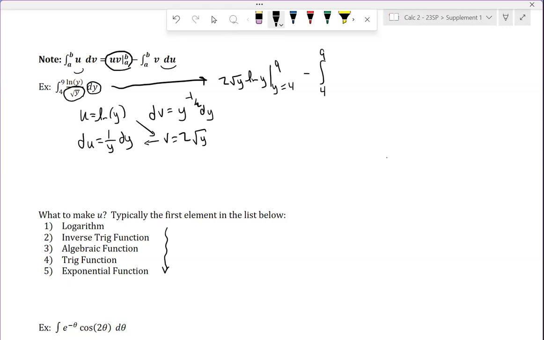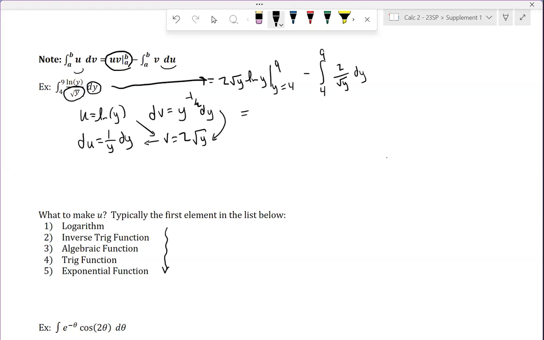So 2 root y over y, that's 2 over root y dy. And this kind of thing happens a lot in integration by parts, where you did an integral here, and then you end up with a similar integral that you have to do for the second piece of integration by parts. So you see that kind of structure pop up from time to time.